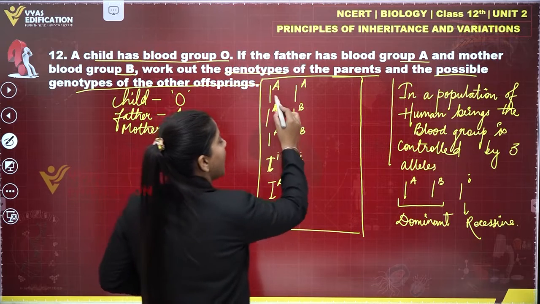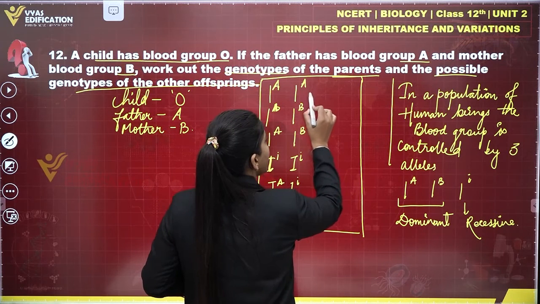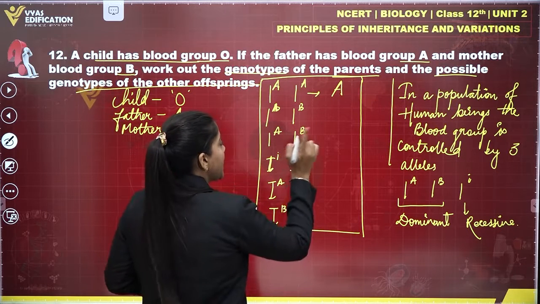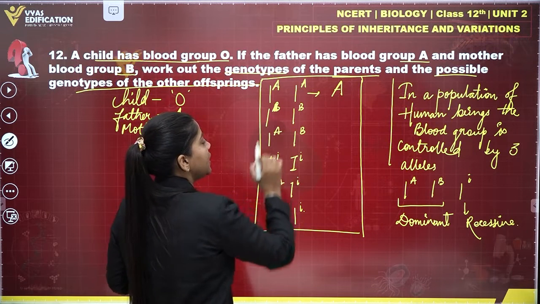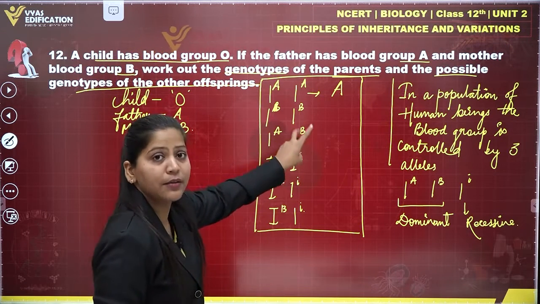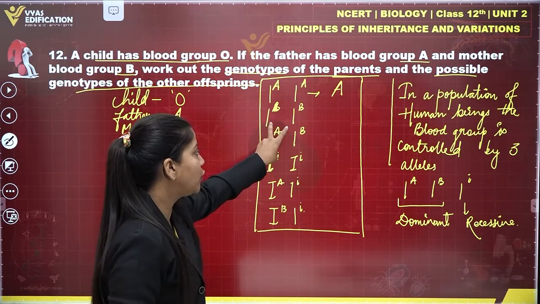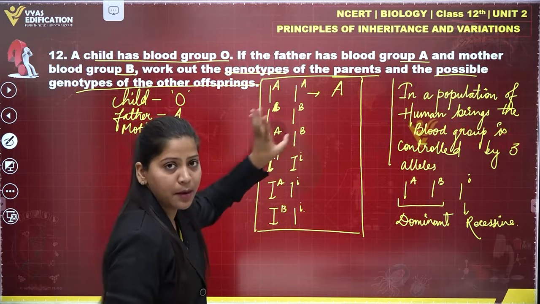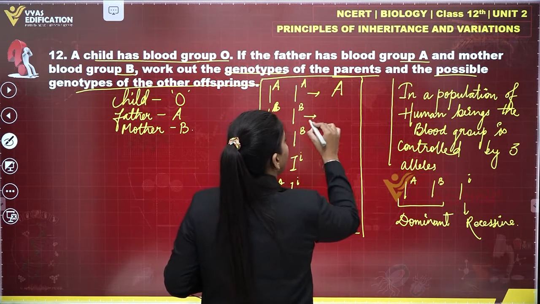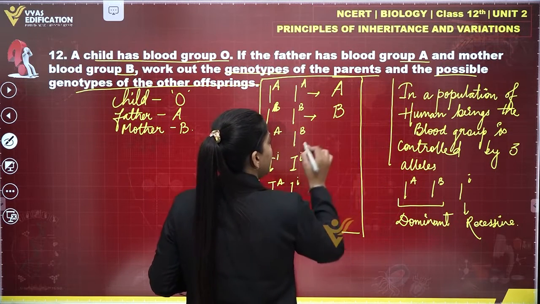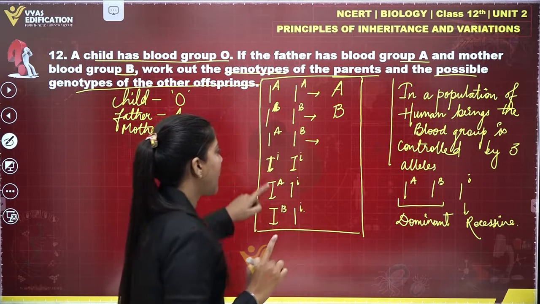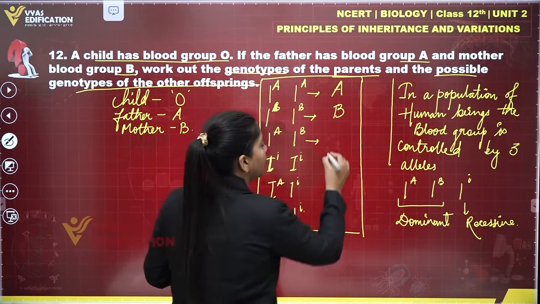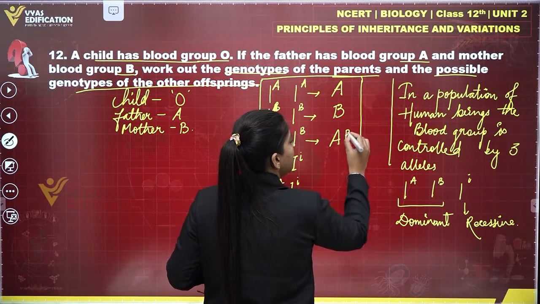Now IA IA will produce blood group A in an individual. If an individual has IB IB, the blood group will be B. If an individual has IA and IB alleles, the blood group will be AB.